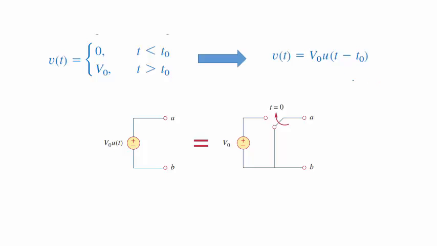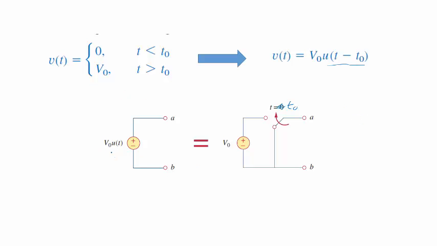So the unit step function right here is telling you when it's turning on. It's turning on at t0, t equals t0 in this case. And the amplitude right here is v0, and we can write it like this mathematically. And this is much more convenient, it turns out, than always writing the two conditions explicitly like that.